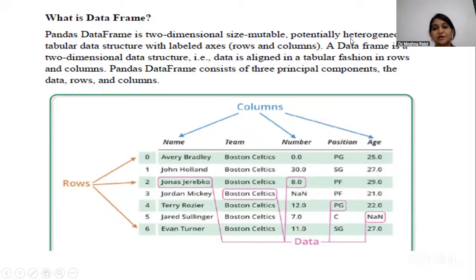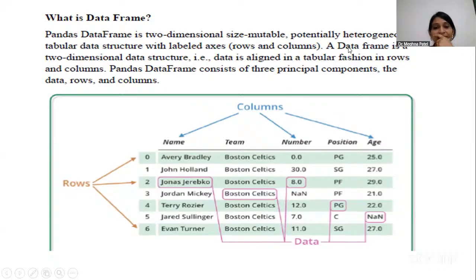Potentially heterogeneous data should be there in the DataFrame, which contains labeled axes, rows and columns. See here, these are the rows and these are the columns. They have a label like this, and rows have an index number, so that is considered a label.